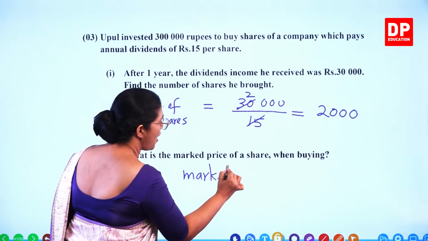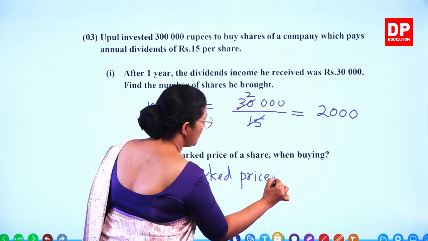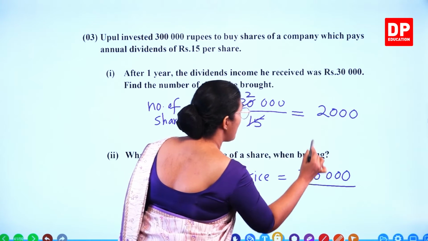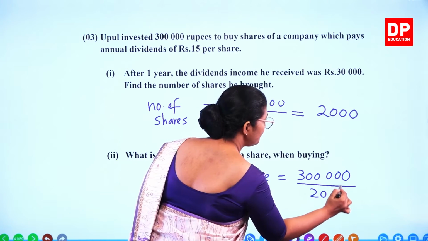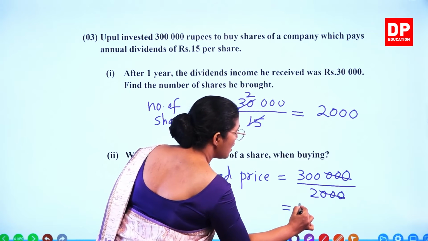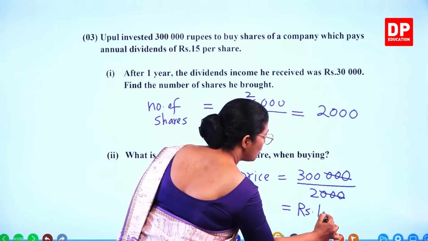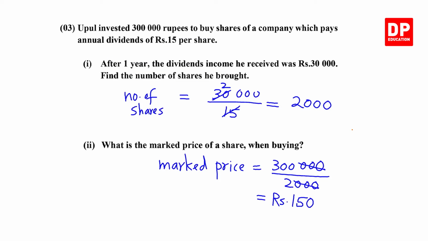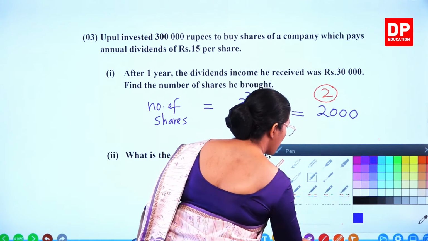So the marked price becomes the invested amount, 300,000, divided by the number of shares. 3 zeros get cancelled out. 300 divided by 2, 150 rupees. So you get 2 marks for finding out the number of shares, and finding the marked price is 2 marks. So 4 marks there. Then the next part.